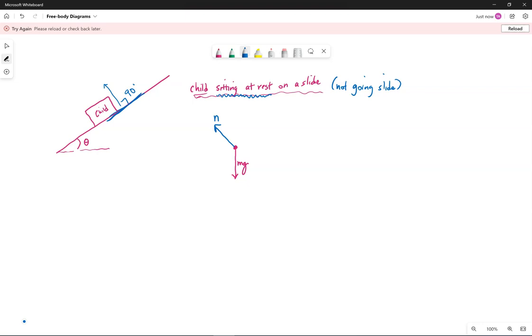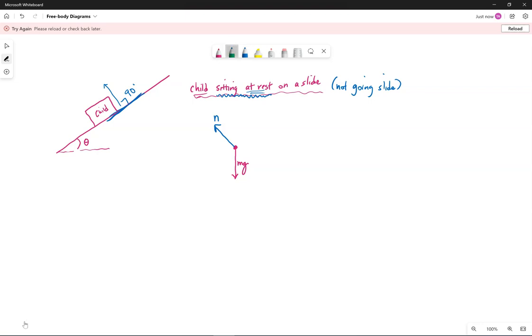Well, in order to not slide, I know if there was no friction at all, that ideal situation we talked about in chapter 2, that component of gravity would cause the child to have a component of acceleration down the slope. But if the child's not sliding, then there has to be a force counteracting what gravity's trying to do.